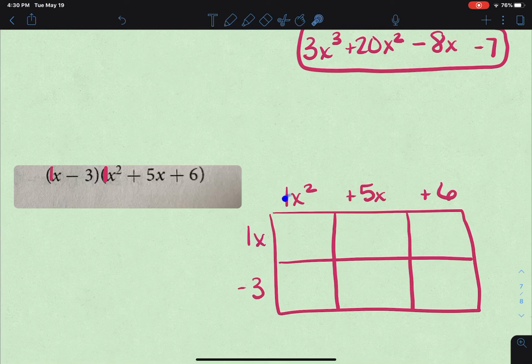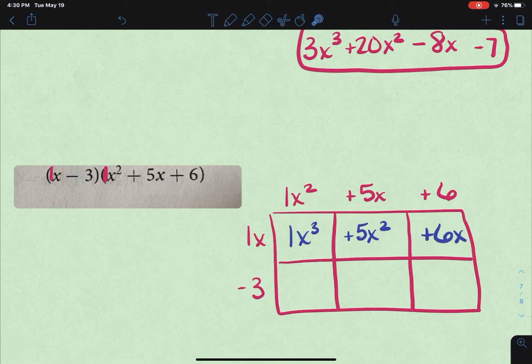So 1x times 1x squared is 1x to the third. 1x times 5x is 5x squared. 1x times positive 6 is positive 6x. Now I'm going to go to this one.